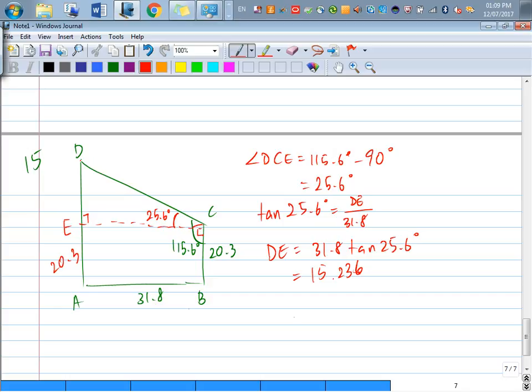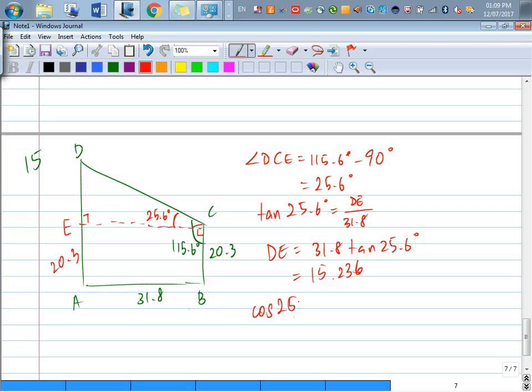Next thing I should find is the length of DC. So I have an angle. I have the adjacent. I need to find hypotenuse, which is the trigo ratio we should use. Xiao Wei, what trigo ratio should we use? When I have adjacent, I need to find hypotenuse. Cosine.